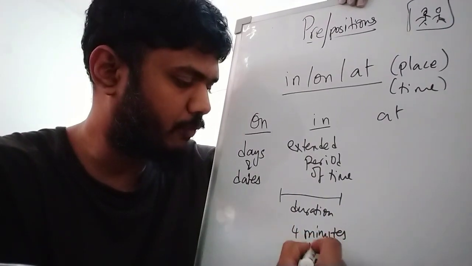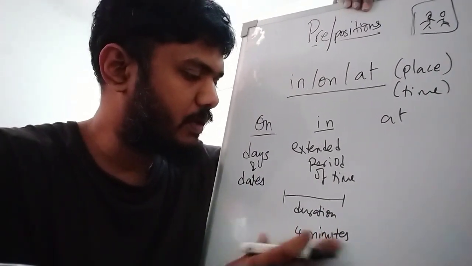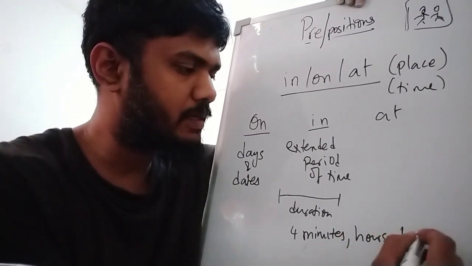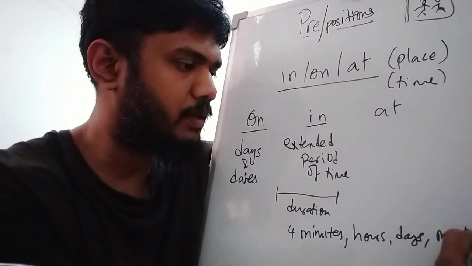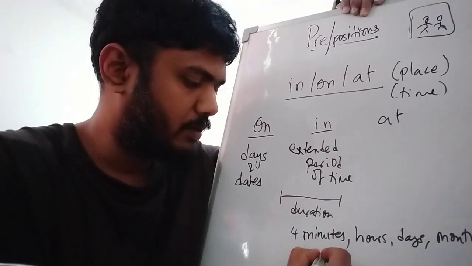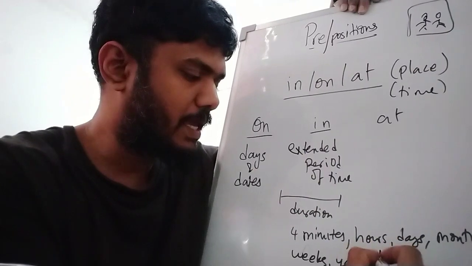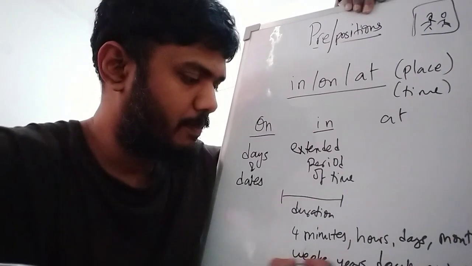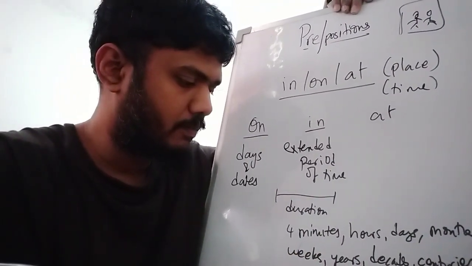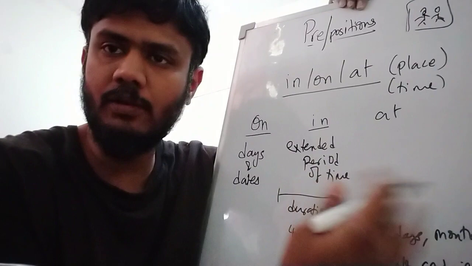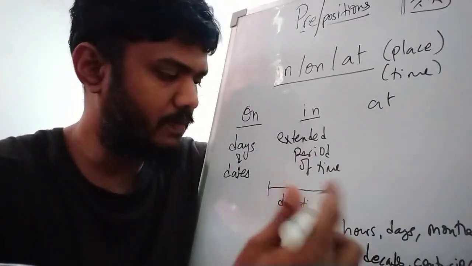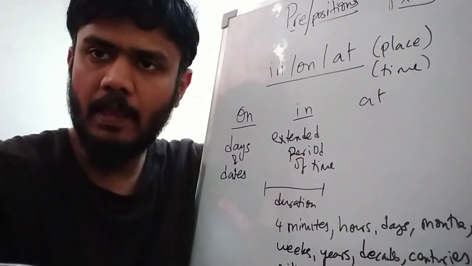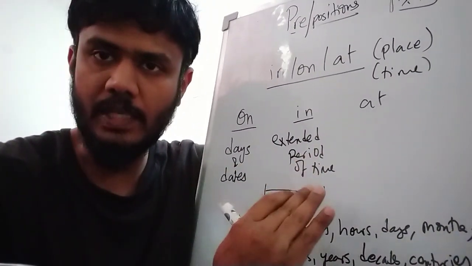It could be hours, in 4 hours, in 4 days, in 4 months, in 4 weeks, years, decades, centuries, millennia, eons. I mean, it goes on. Any extended period of time, even seconds, in 4 seconds. As long as it's a duration, you can use in.